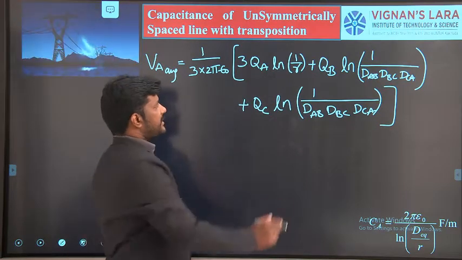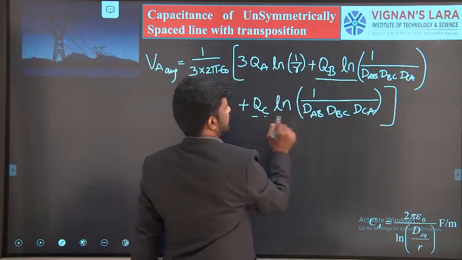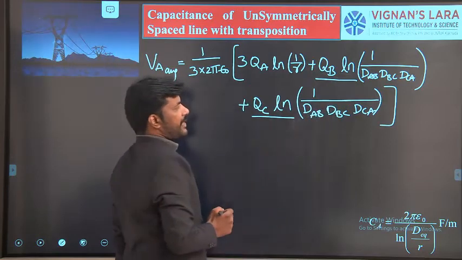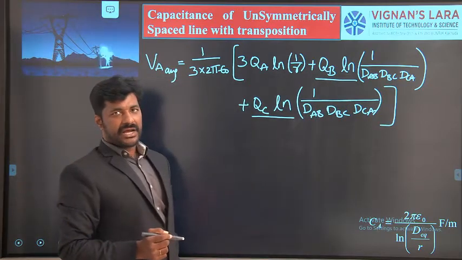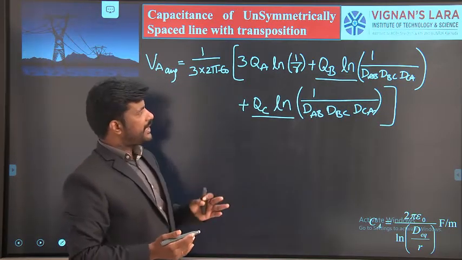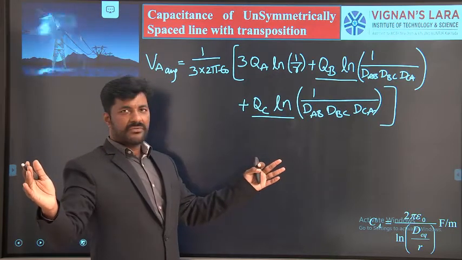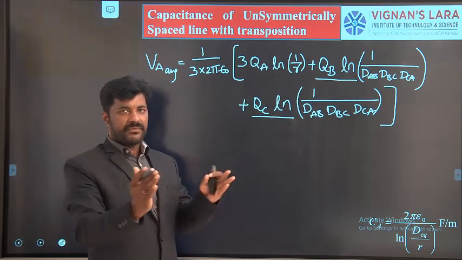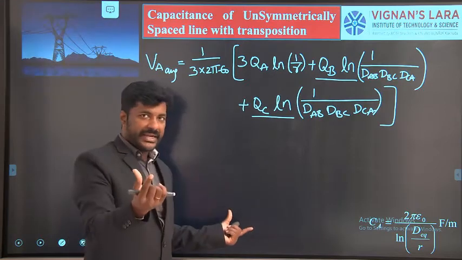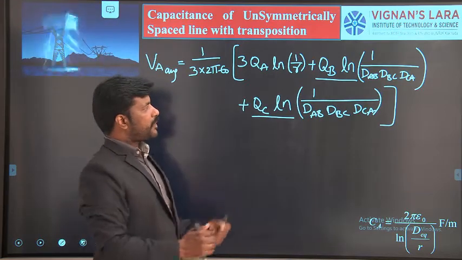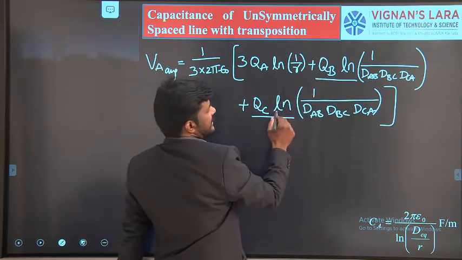Observing the second and third terms, the natural logarithmic values are the same, so they can be taken as common. What I am trying to do here is, instead of having a long formula with many terms, simplify it and finally get a single term. So we take the common ln term.